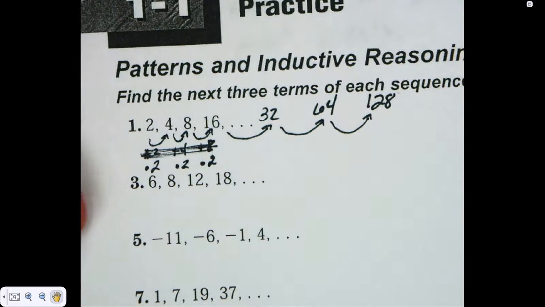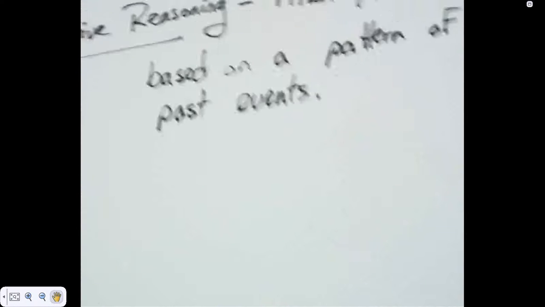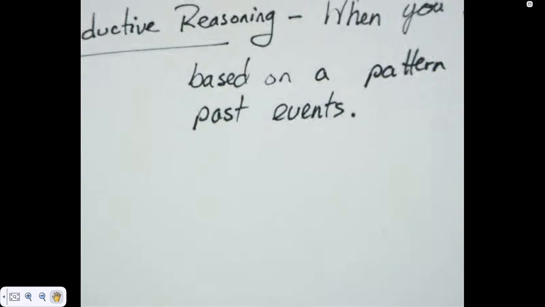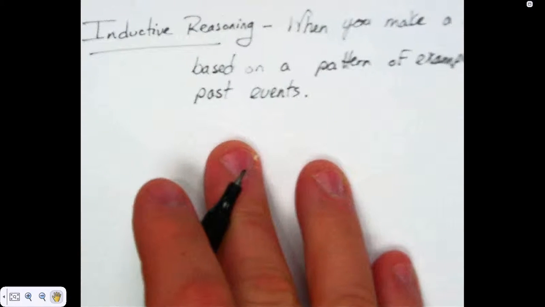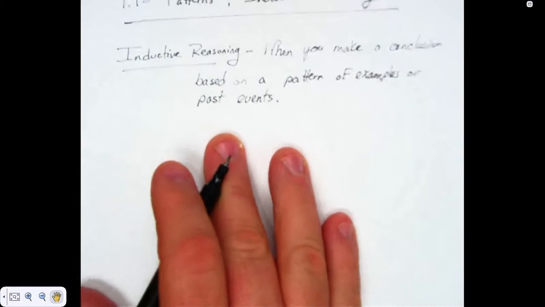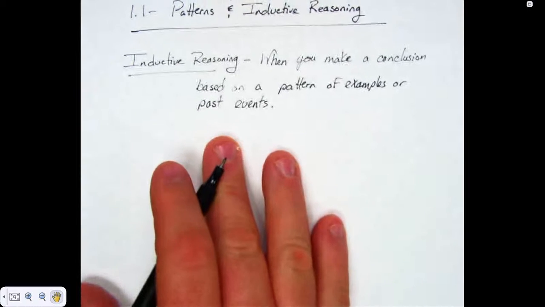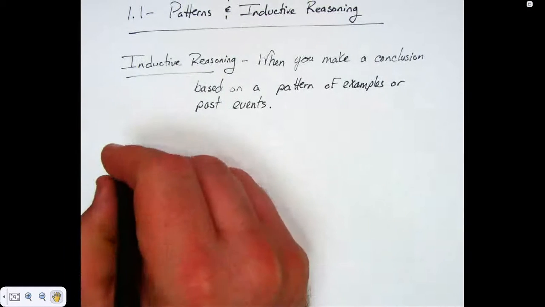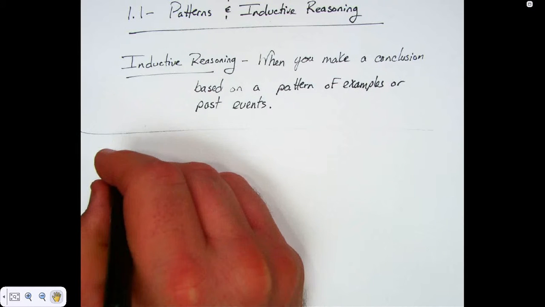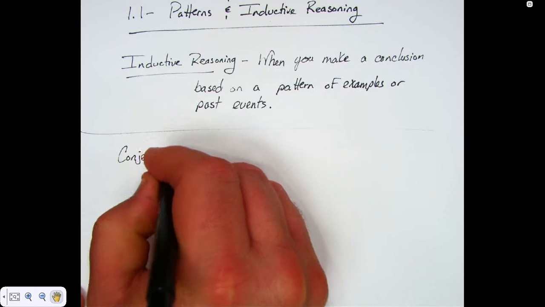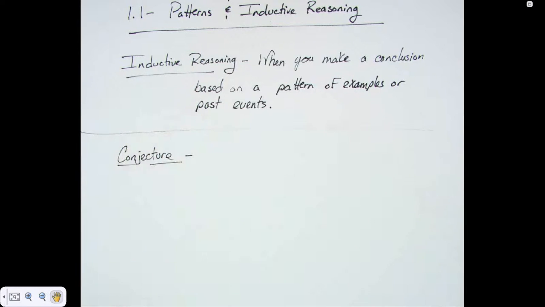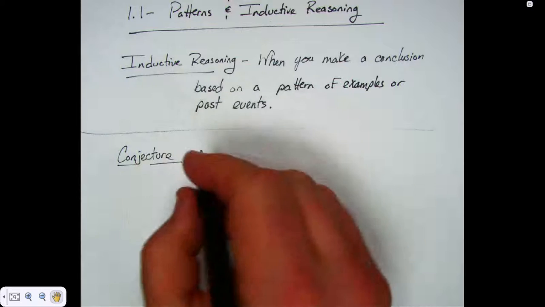What I want to talk about, and I'm going to write this example down again. Our example, well, actually, first, we're going to define another term. Conjecture. What is a conjecture?